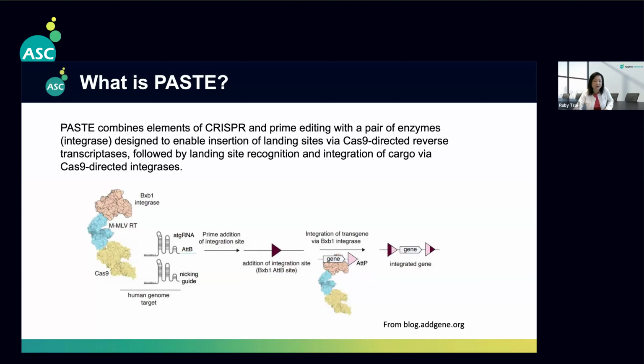And you can imagine the end result efficiency can be compromised, right? So the cell has to first place the landing pad using prime editing, and then do the gene insertion using integrase, or the TARGATT technology. So you can imagine that the cell has to process that in the right order. So the efficiency and also the accuracy can be compromised because of the complexity of this enzyme. So I will tell you more about what we have, which is a very simple, just one enzyme that does the same thing.